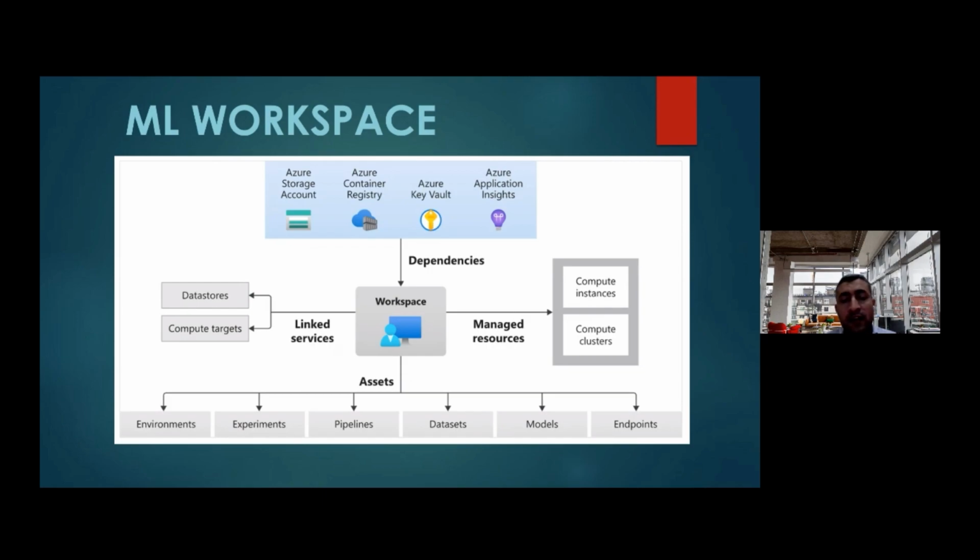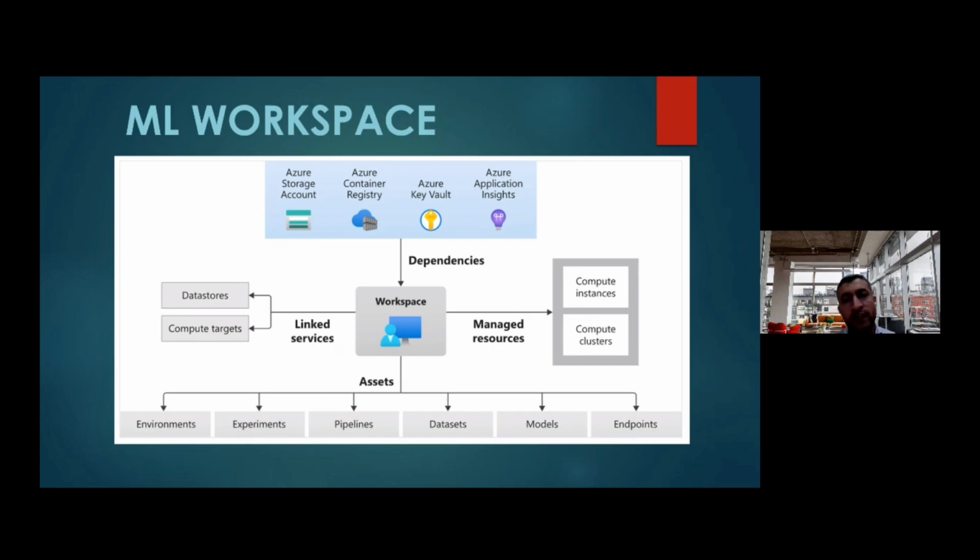But in the workspace itself, we have a kind of abstraction between the Azure storage account as a separate Azure resource and the data we are using in the workspace. So the data store here is the abstraction of the storage solution we are using. At the end, this data store is interacting behind the scenes with Azure storage.